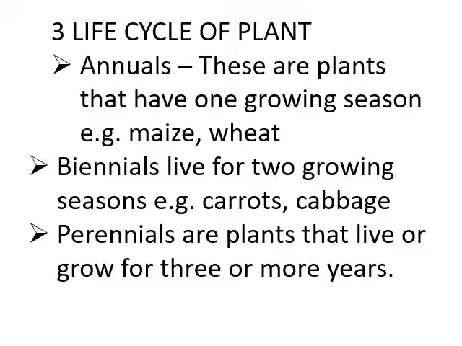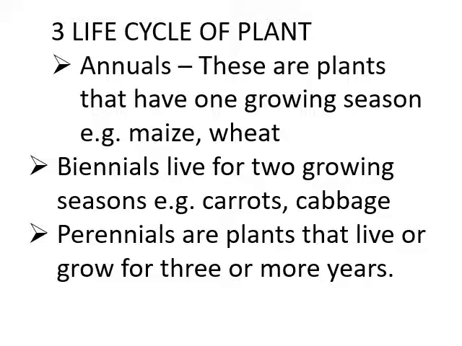Now, let's look at the 3 life cycles of a plant. They are annuals, biennials, and perennials. Let's take them one by one. Annuals. Annuals are plants that have one growing season. It has just one growing season.